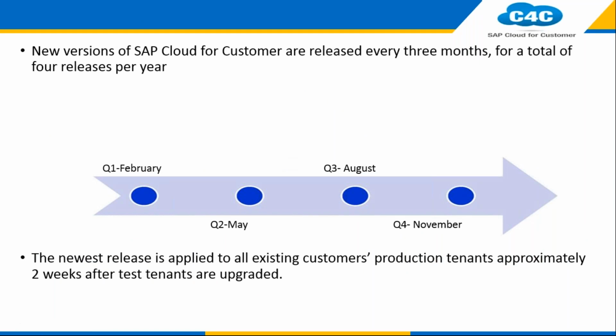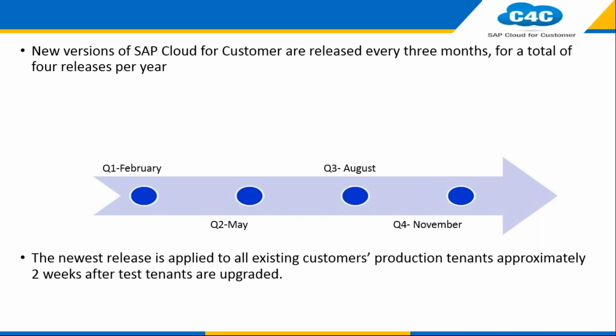Now here you see an arrow with a dotted line and above that a month mentioned. What does it mean? C4C is a cloud application, a lightweight application. Though it is in the cloud, the upgrade happens every quarter in a year.